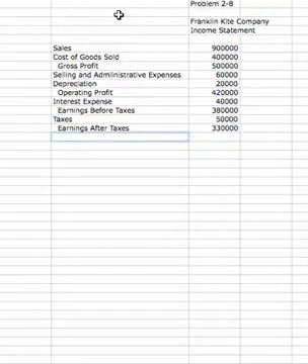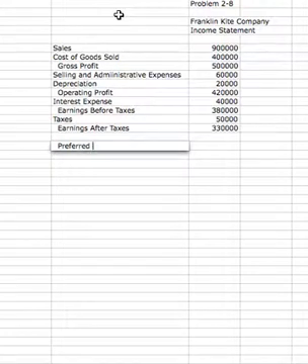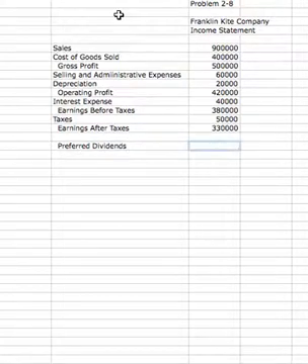So to determine how much of these earnings we actually have to pay to common shareholders, we have to subtract preferred stock dividends first, because as you might recall, preferred stock dividends have to be paid to those preferred shareholders before common dividends can be paid to the common shareholders. So let's go ahead and enter that information here on our spreadsheet.